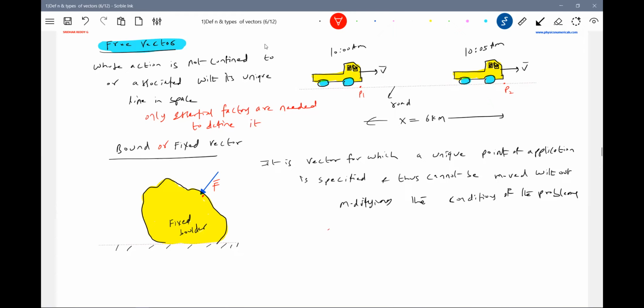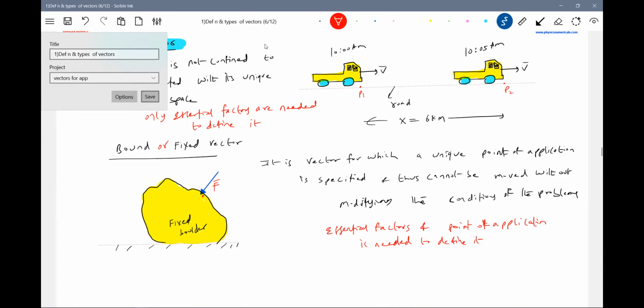Along with the essential factors, the point of application is needed to define it.